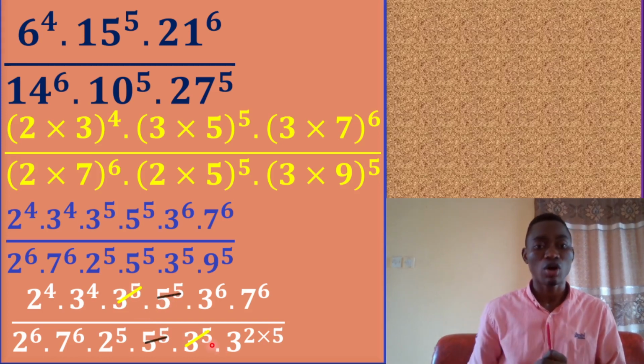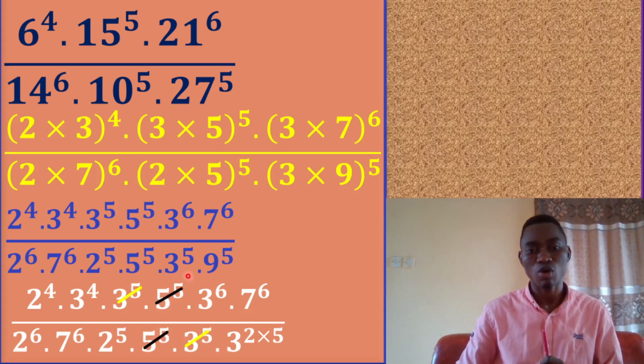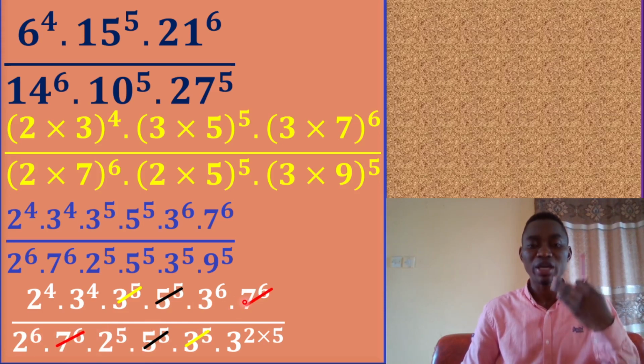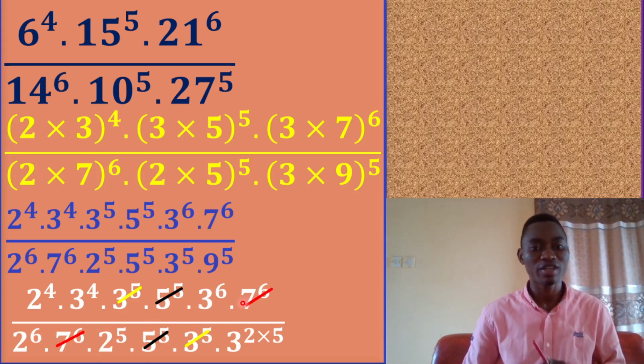Also, 5 power 5 up and 5 power 5 down can also cancel out. Then, as you can see, we also have 7 power 6. So 7 power 6 and 7 power 6 can actually cancel out. So we are making progress in simplifying this particular expression.